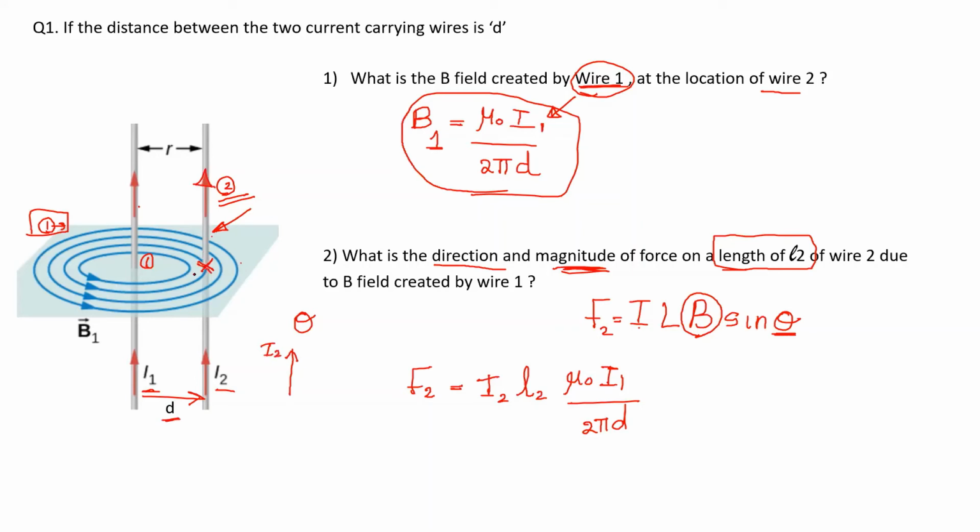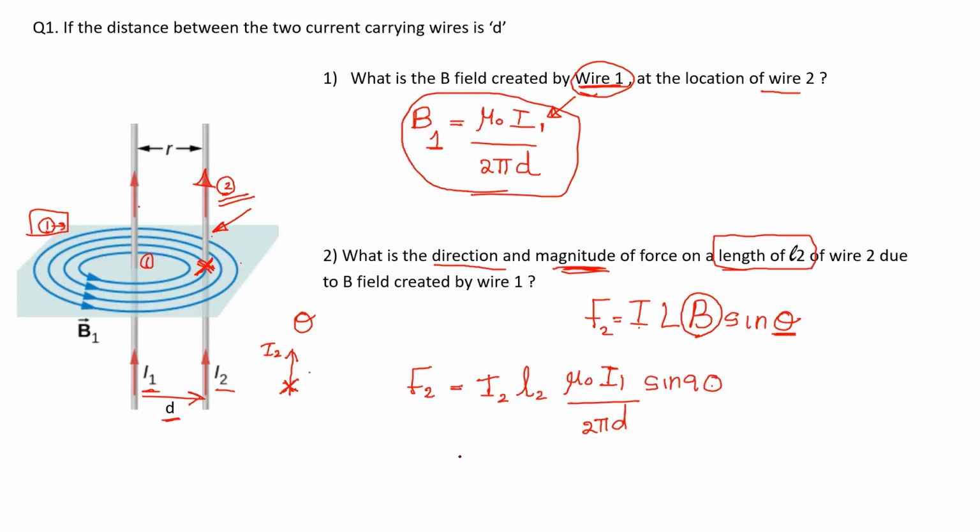At this location, your B field is into the plane, right? So into the plane and upwards, that is a 90 degree angle. This is upwards, current is upwards, and this is into the plane. So your theta is 90.